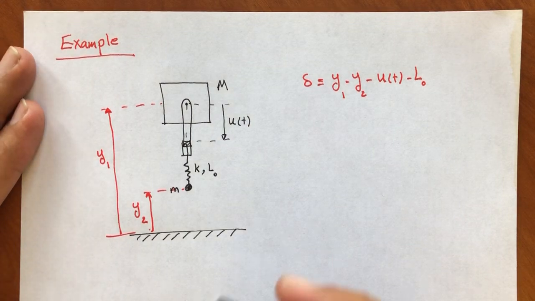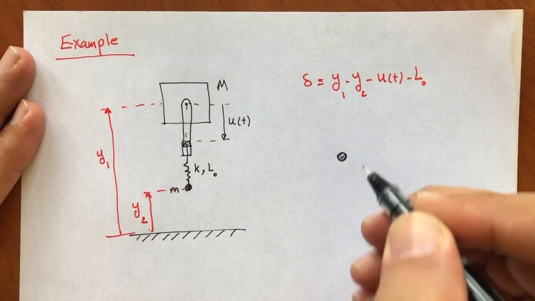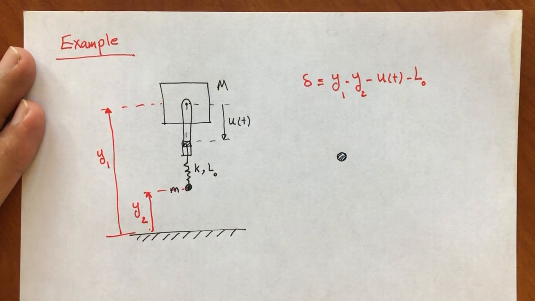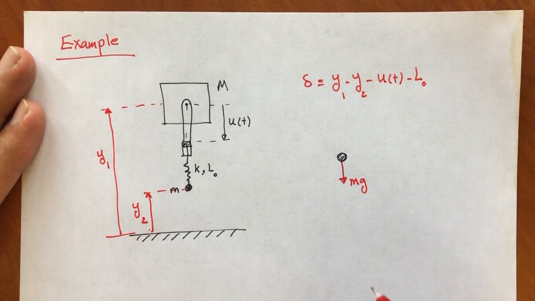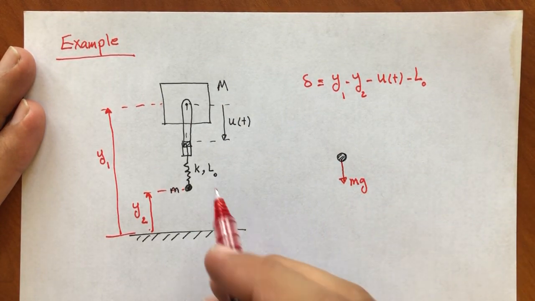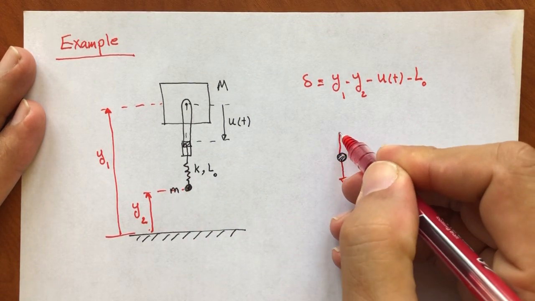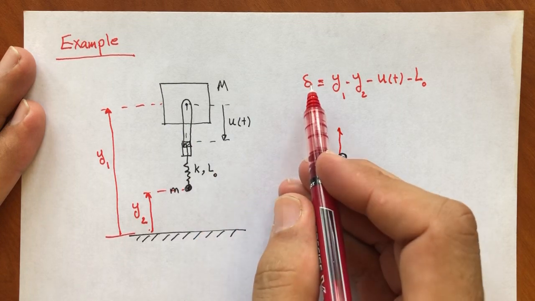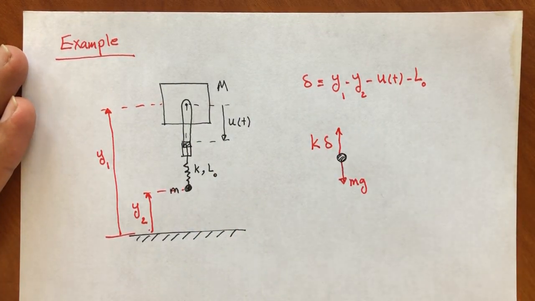Now, knowing that it's stretched, I'm going to be able to draw the free body diagram of any of these parts. Let's start with the toe. We have gravitational force, mg, and also spring force. If it's stretched by delta, the spring force is going to be k times delta, right?